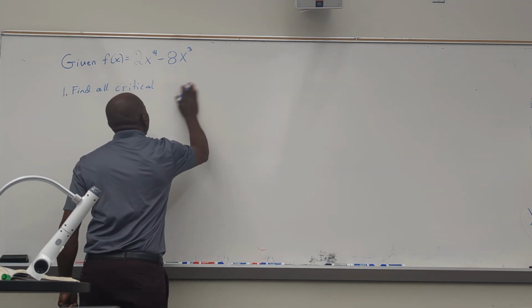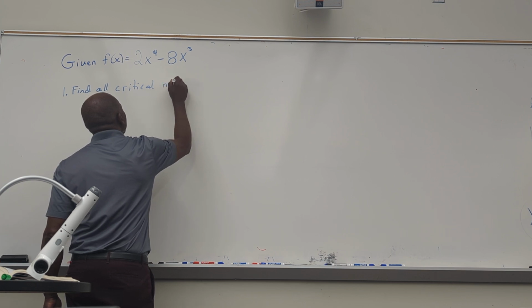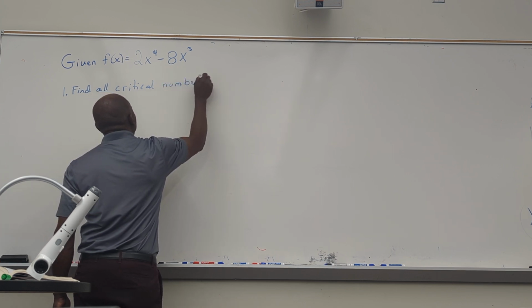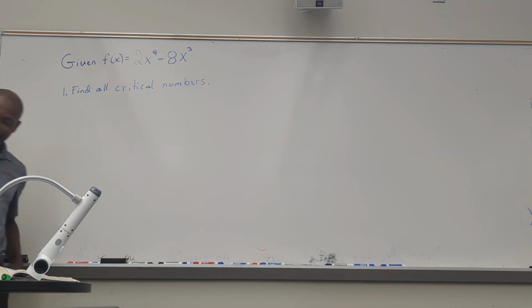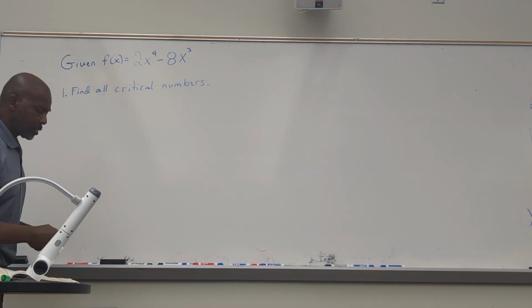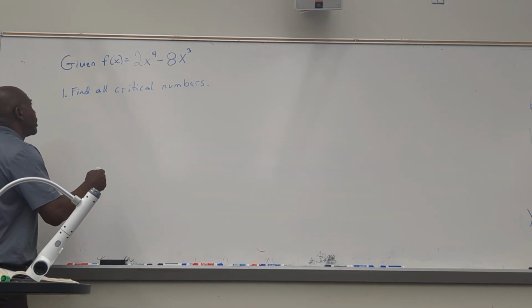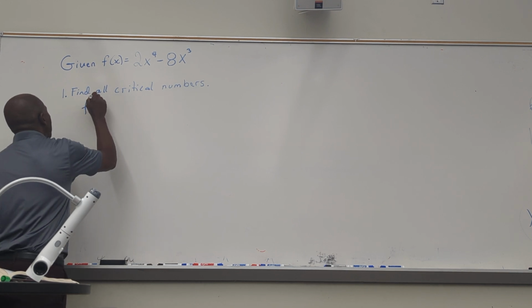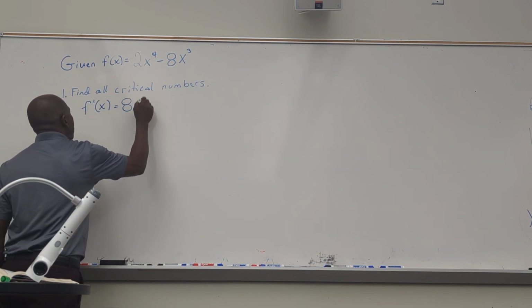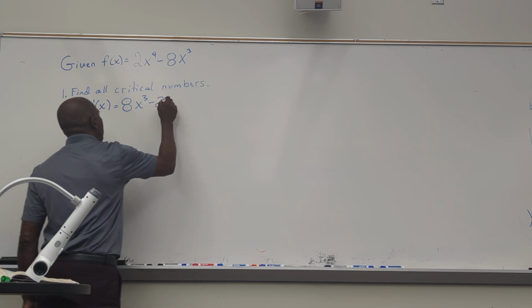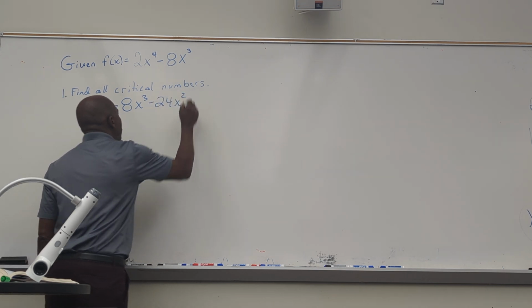We're going to find all critical numbers. How do you find critical numbers? Help me out, Miss Deanna. What's the derivative? 2 times 4 is 8x to the third, and then 24x squared. All right, you got the first derivative.